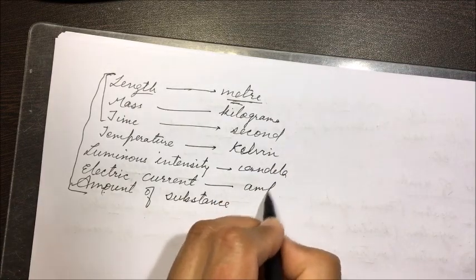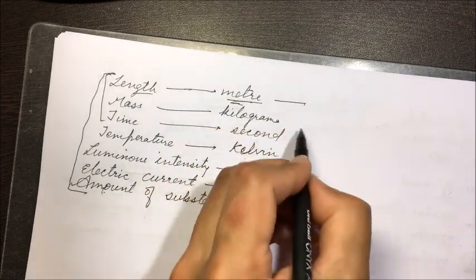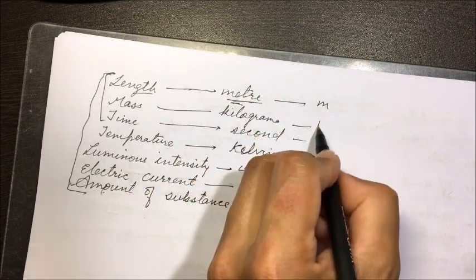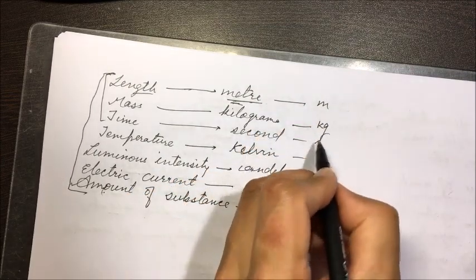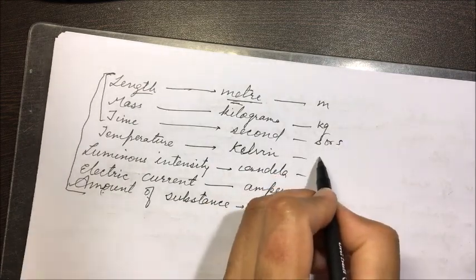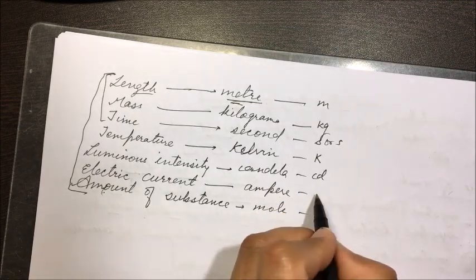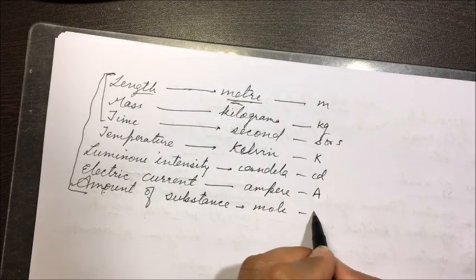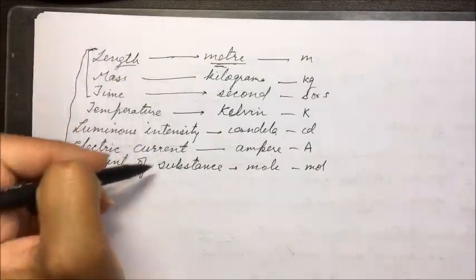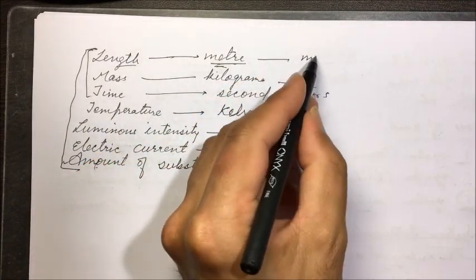For electric current, ampere. For amount of substance it's mole. And their respective symbols are: meter, m; kilogram, kg; second, s; Kelvin, K; candela, cd; ampere, capital A; mole, mol. So these are the 7 fundamental quantities, and corresponding to these we have the fundamental units.